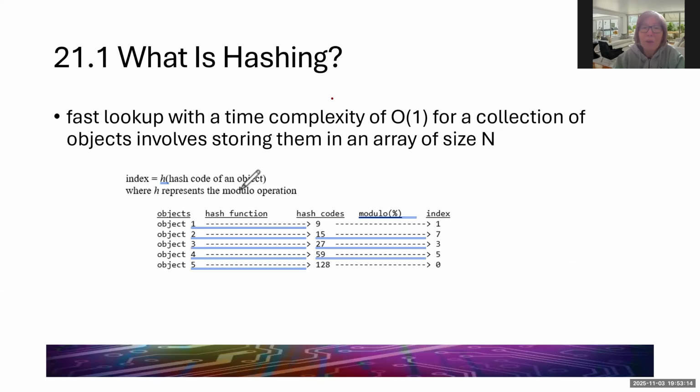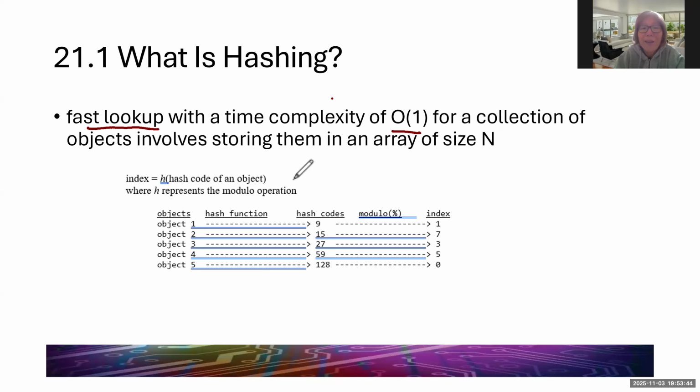And like I explained previously, the biggest advantage of a hash table is fast lookup. It's order of a constant for a collection of objects stored in an array of size n.